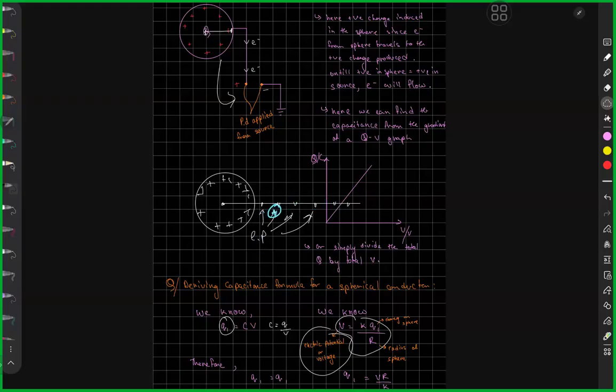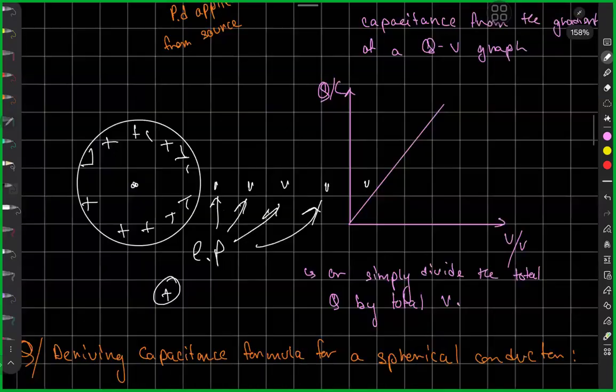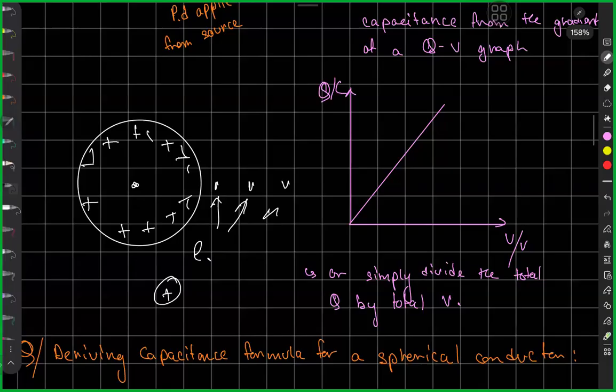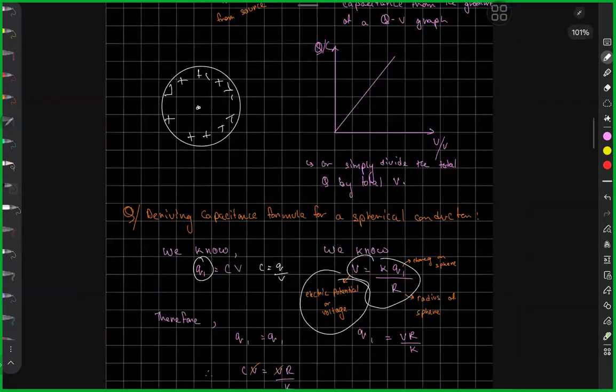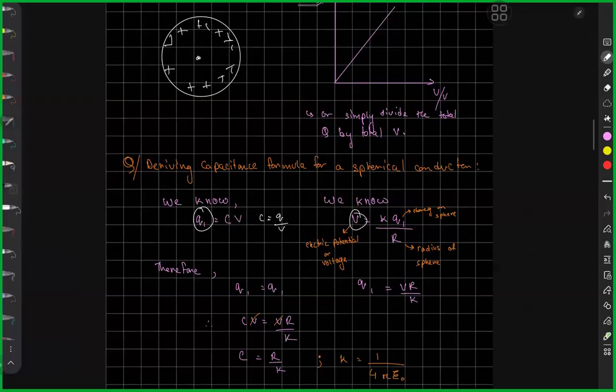So every one of these positions has a certain electric potential, the amount of work done in bringing 1 coulomb of charge from infinity to this point. Those points define a certain voltage at each of them. That idea I'm going to work with. That voltage is what this V defines.